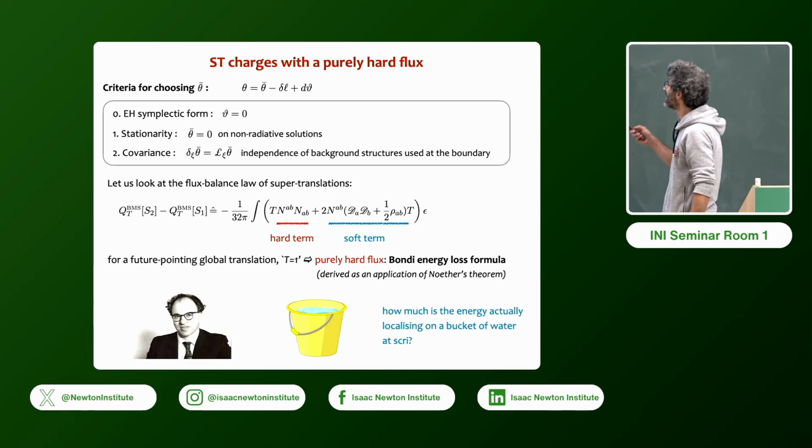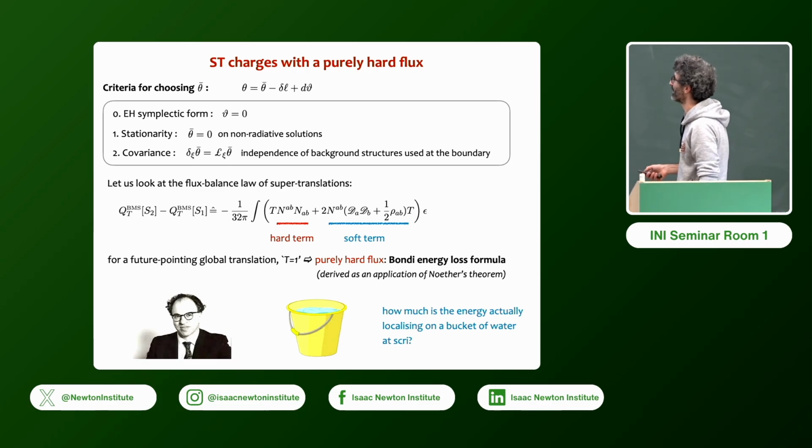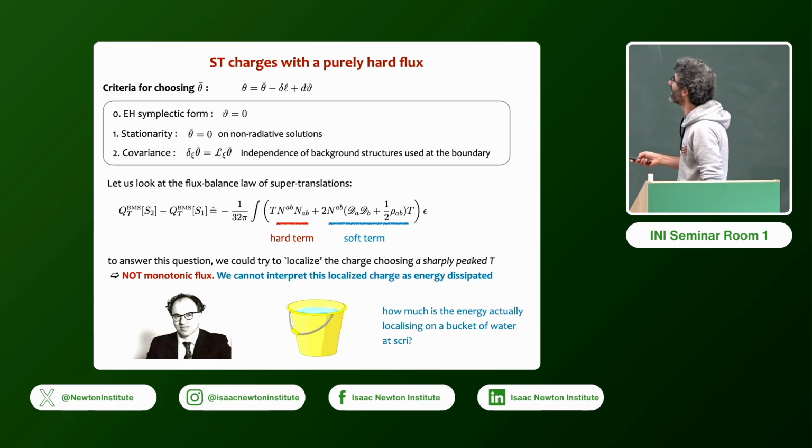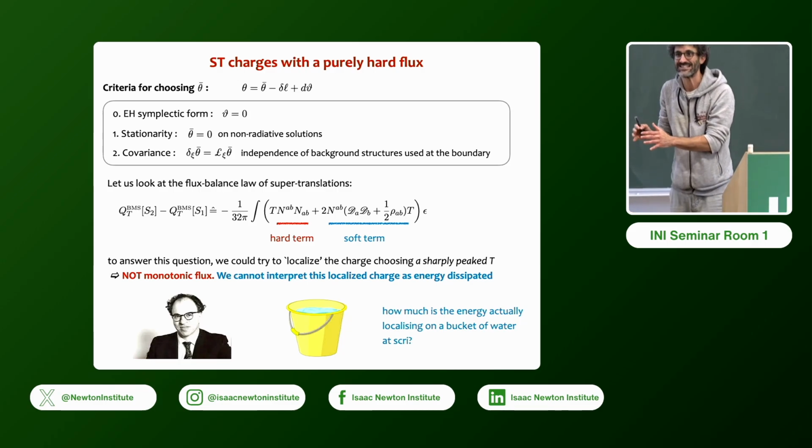And in fact, you even know that you won't know anything about the bucket of water from this formula, because suppose that you try to localize the charge by taking a T, which instead of being T equal 1, is a sharply peaked function there where the bucket is.